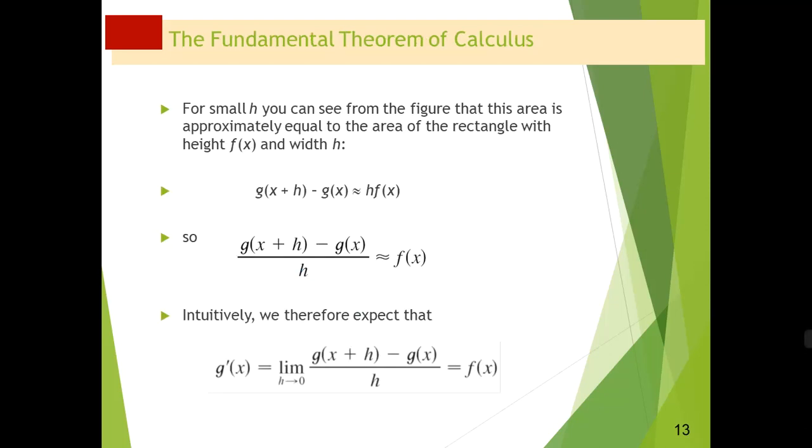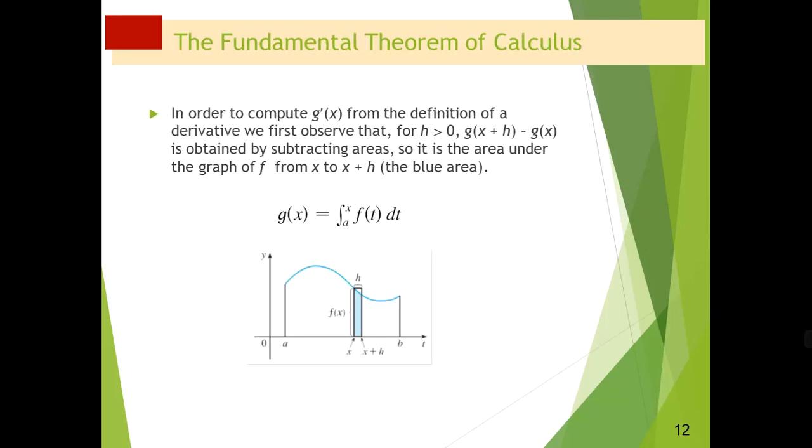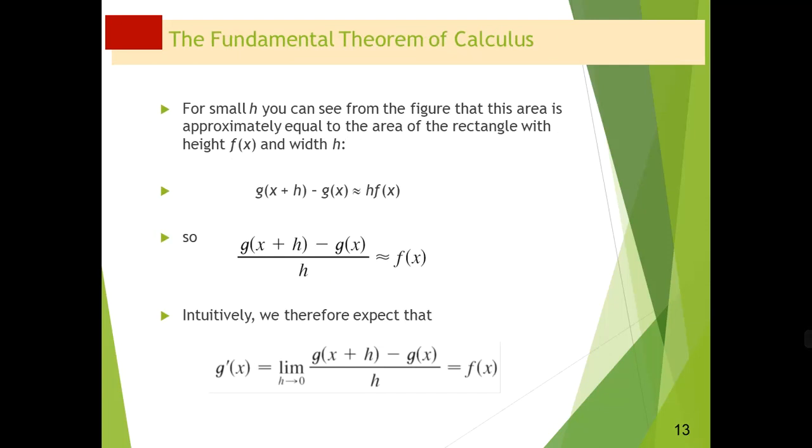If h is very small, then the rate of change of the area is equal to the height of the curve at the point x. That means if h is very small, the difference is almost h times f(x). So the quotient is f(x). Now if we let h go to 0, we obtain that G'(x) is equal to f(x).